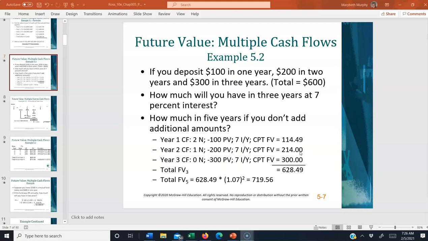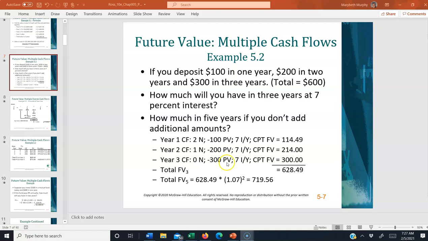Then in year 3, you want a discounted cash flow. So you're going to use the cash flow calculation, 0 for n. Why 0? Well, the money is deposited at the end of 3 years. So the end of 3 years is the same time as, how much will you have in 3 years?